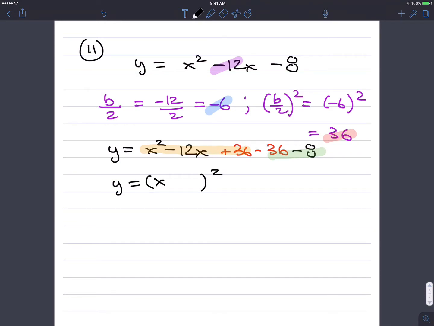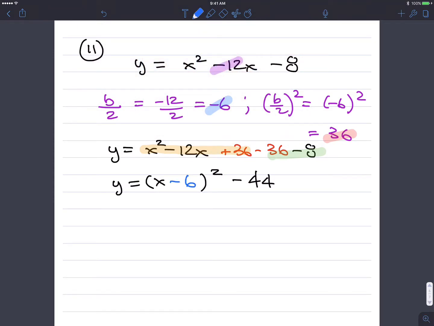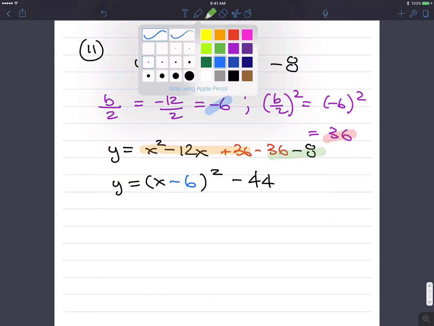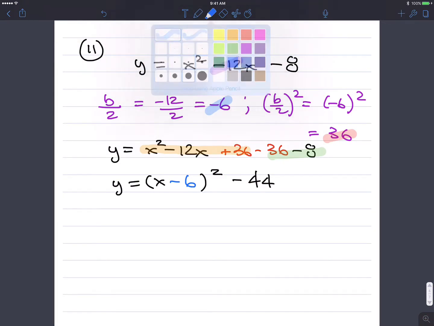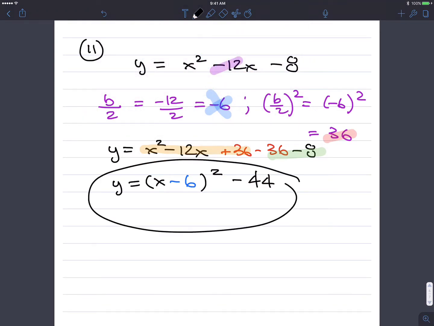X squared minus 36, negative 36 minus 8 is negative 44. So we have x, and don't forget to use this minus 6. Okay, because we're going to use that value. And you're done. You've completed the square. Let's look for number 13.